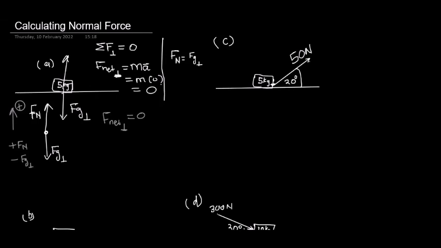So F net, the sum of the forces perpendicular to the surface, is therefore the positive normal force added with the negative perpendicular component of gravity, and that equals 0.